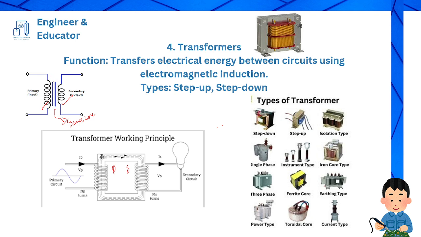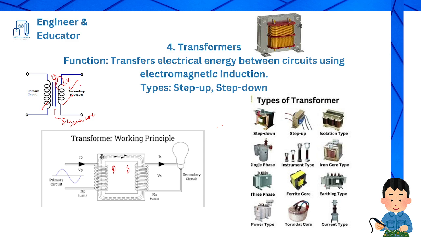So a flux is induced in the core, and since the secondary winding also has the same core, this magnetic flux induces a voltage V in the secondary winding.